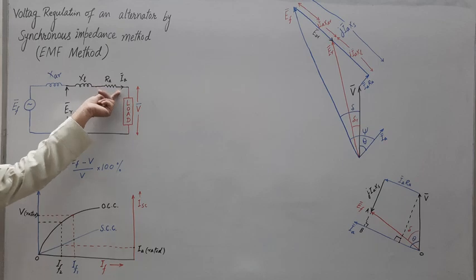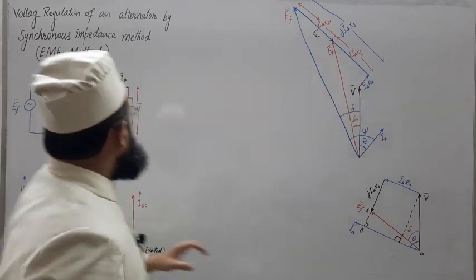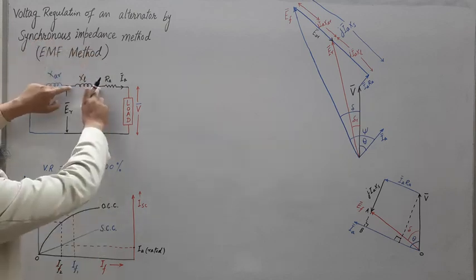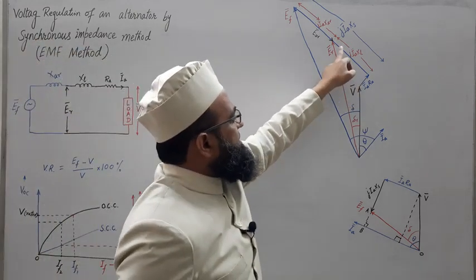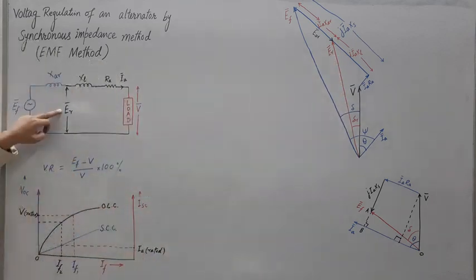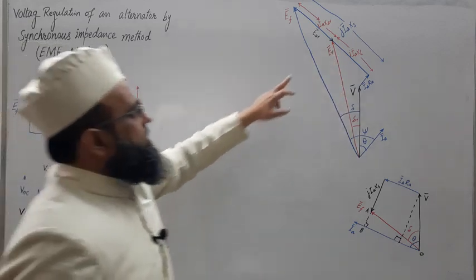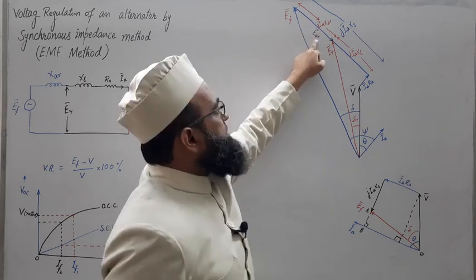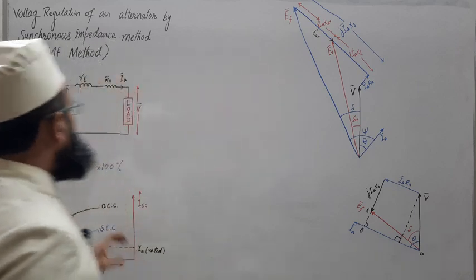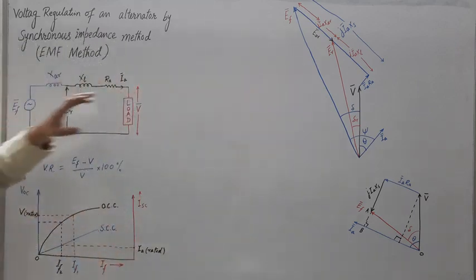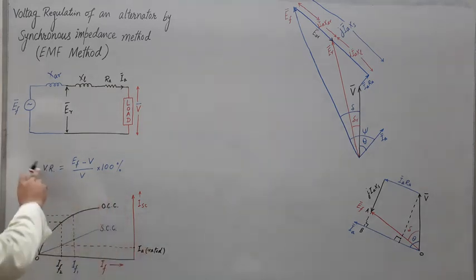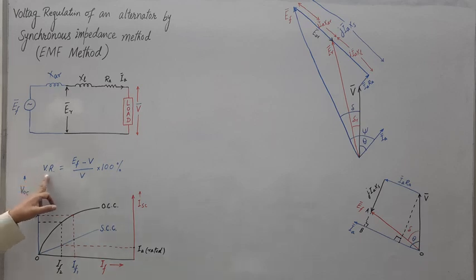Then once this IA RA drop is added, we will get this phasor, and after adding this j IA XL we will get this ER, the resultant EMF, and further we add this EAR, the armature reaction drop. Then after adding this phasor we will get this phasor EF, and once EF is known, then using this formula we can get voltage regulation.